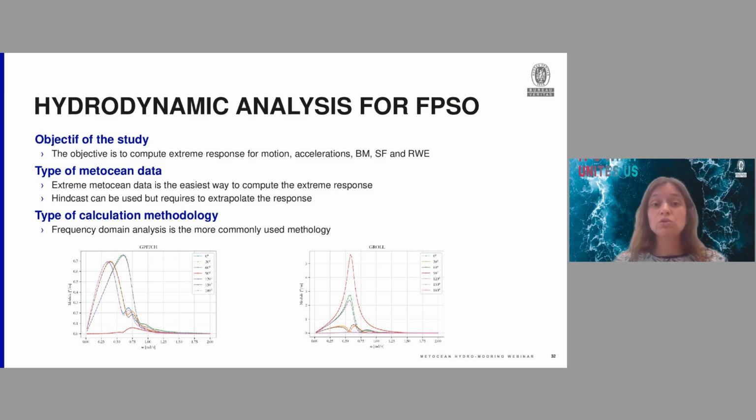And we will need to extrapolate this response to reach the extreme response of the system. So it adds an extrapolation phase in the calculation. The type of calculation methodology, frequency domain analysis, is the most commonly used methodology for this kind of study, like using HydroStar.